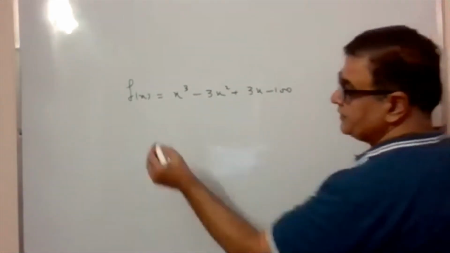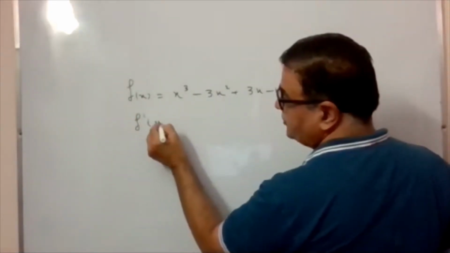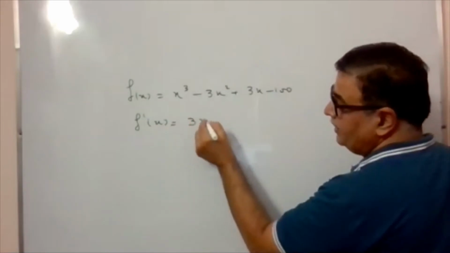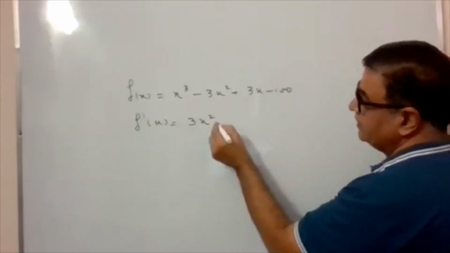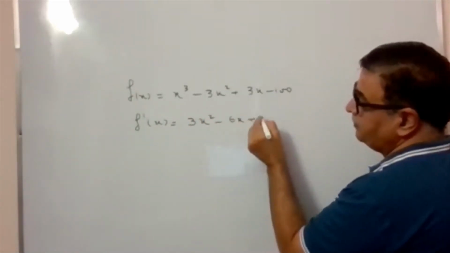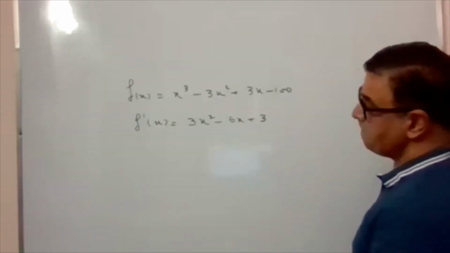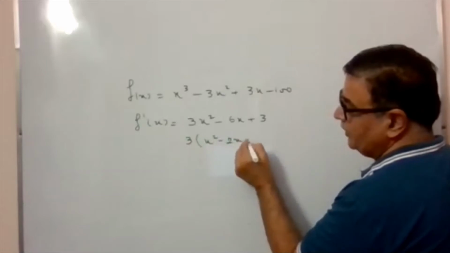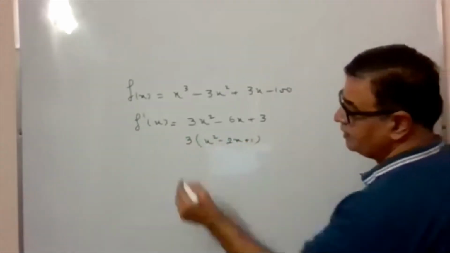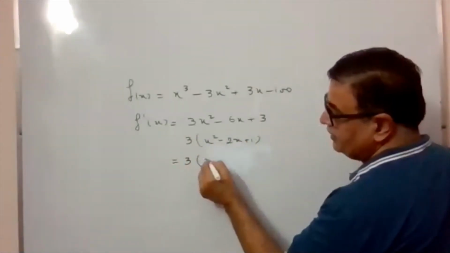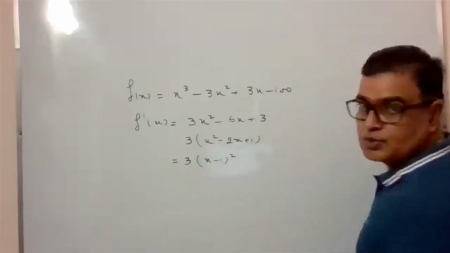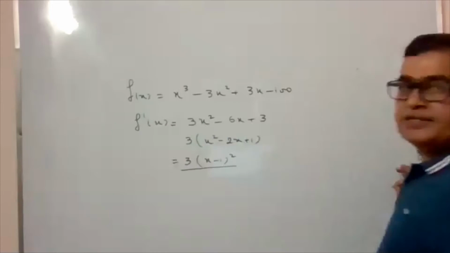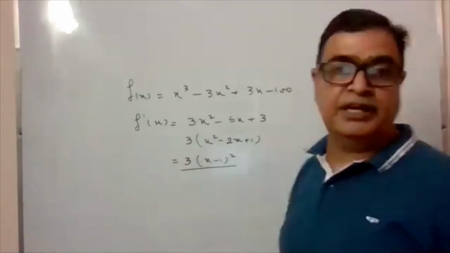So what we do in this case, first we go for f dash x. This will come out to be 3x square minus 6x plus 3. 3 will be common, left is x square minus 2x plus 1. Or I should say 3 times (x minus 1) whole square. It is always a positive number, never coming out negative.